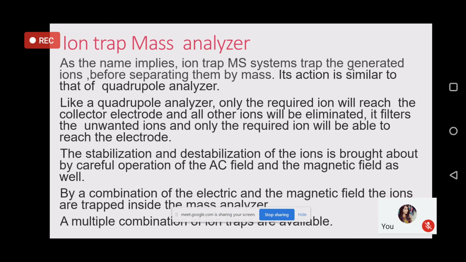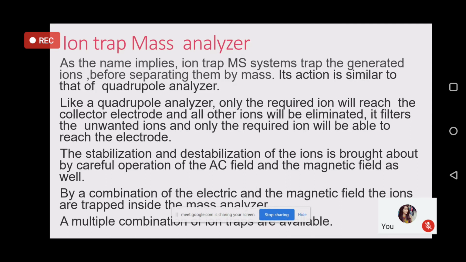In the case of a quadrupole mass analyzer, the ion beam is continuously moving, and therefore, only one particular M by Z will be able to move through the channel undeflected, unchanged in its path, and it will reach the collector electrode. All others will get deflected and will not reach. So here, that is again a basic difference which I want you to understand. In the case of a quadrupole mass analyzer, what will happen?